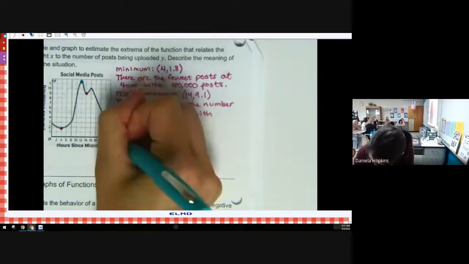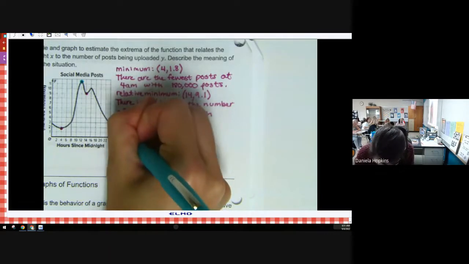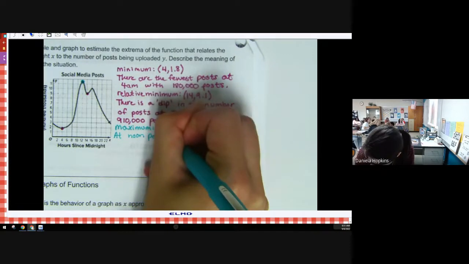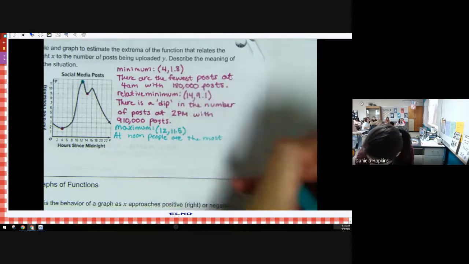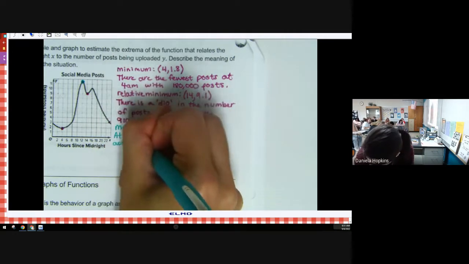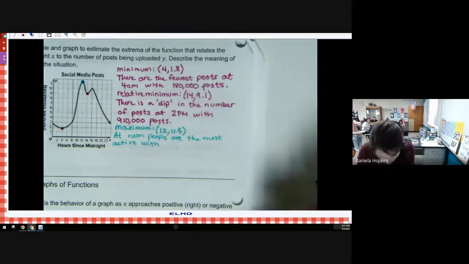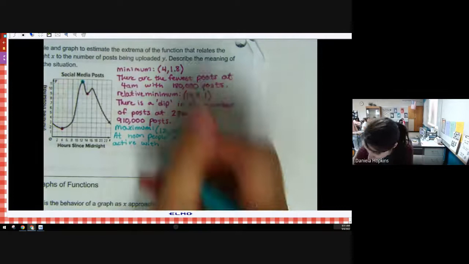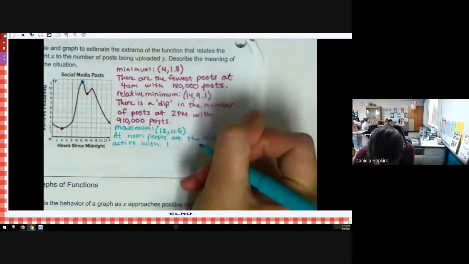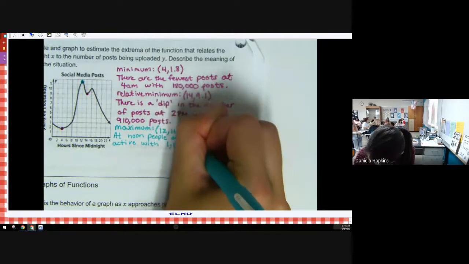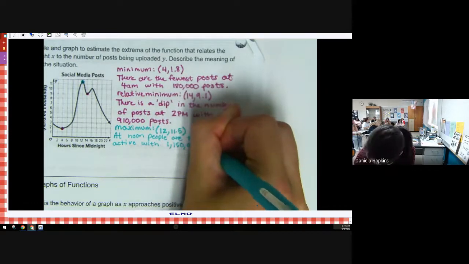So we can say at noon, people are the most active with, let's see here, I think I have wrong numbers in here actually. This would be, I think it's actually 1 million now, right? Yeah, 1,150,000 posts.